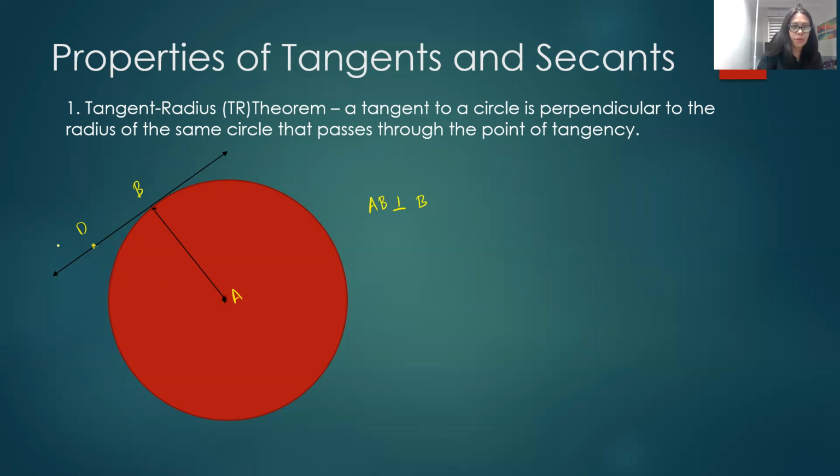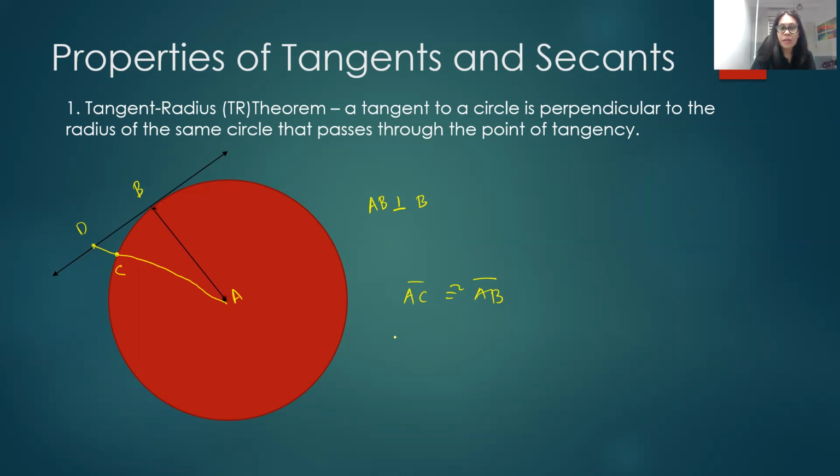And take note that if this is point C, AC is congruent to AB, because AC and AB are radii of the same circle A and they are congruent.